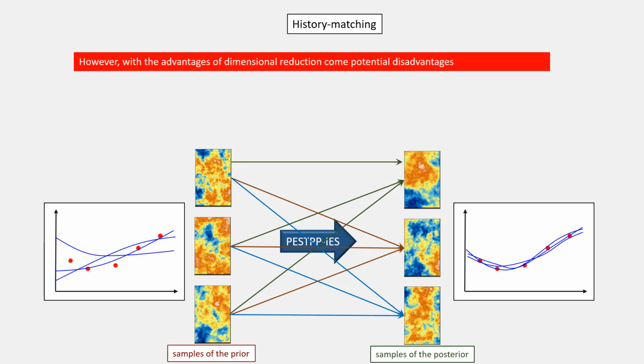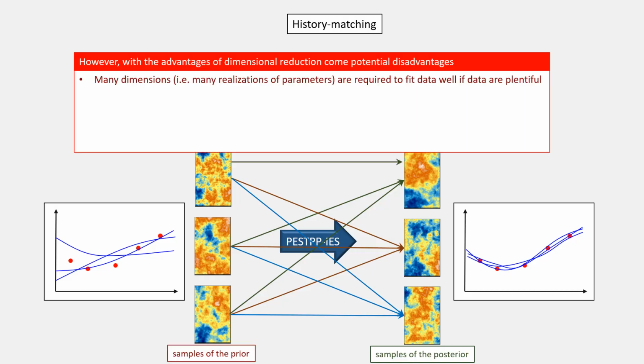So what are the problems associated with living in a subspace of parameter space? We gain efficiency, but we may lose something. For example, if we've got a lot of data, there is definitely a lower limit on that subspace. The number of dimensions of parameter space that we work in has to be big enough to allow us to fit the calibration data set well.